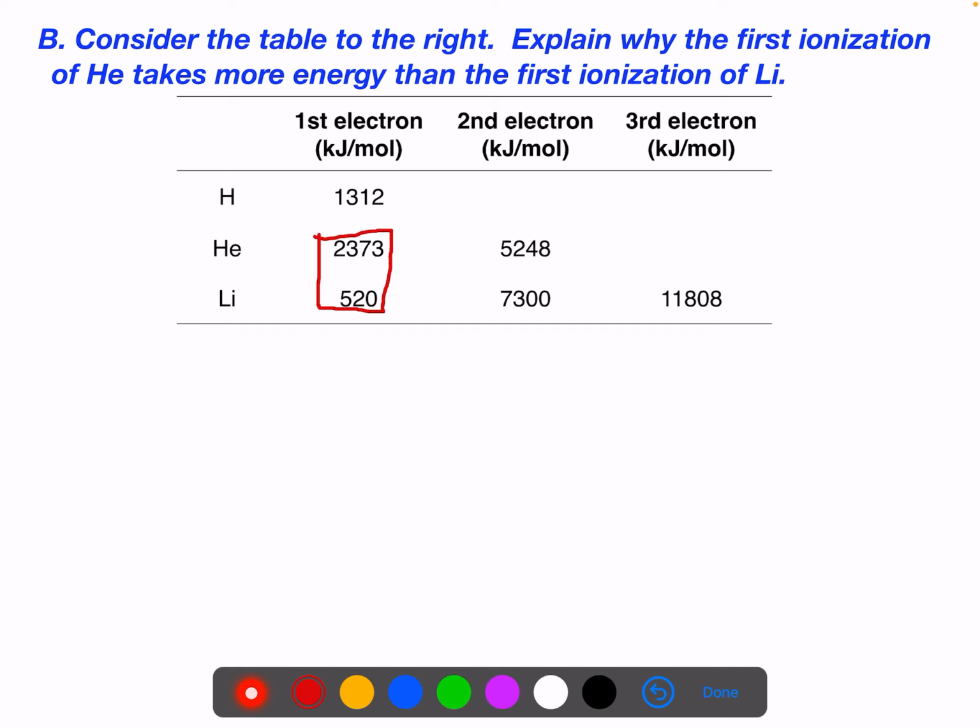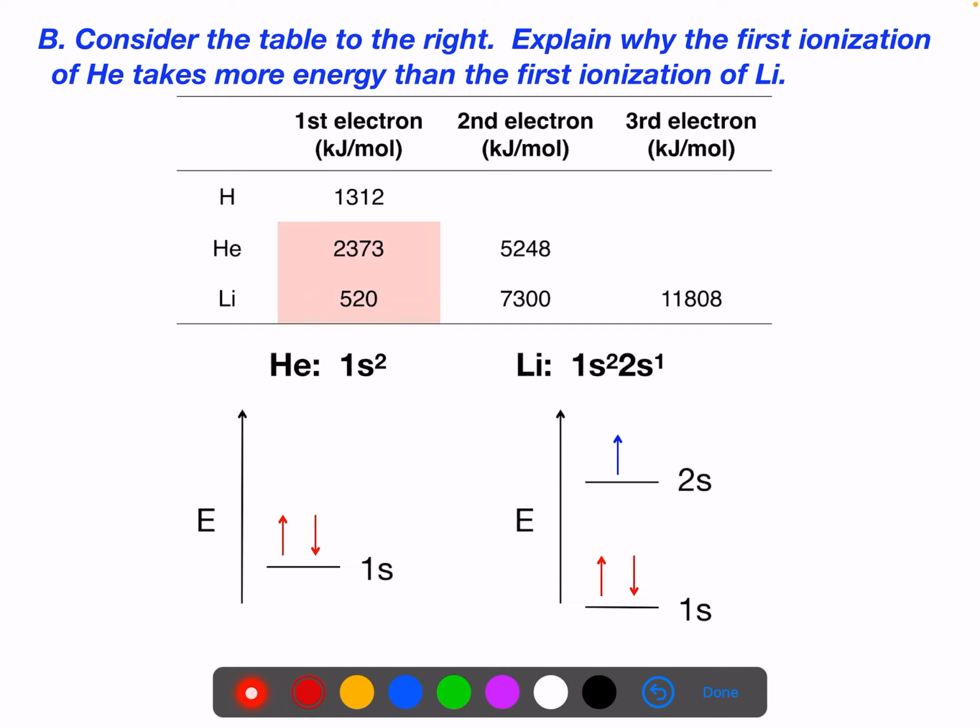Again, we have to look at the electron configurations, and this is going to be very similar to the example we just went through. We're comparing the loss of a 2s electron in lithium to that of a 1s electron in helium. If you think about what Z effective holds the electrons, the lithium electron Z effective is plus 1, and the 1s electron in helium feels a charge of plus 2 from the nucleus.